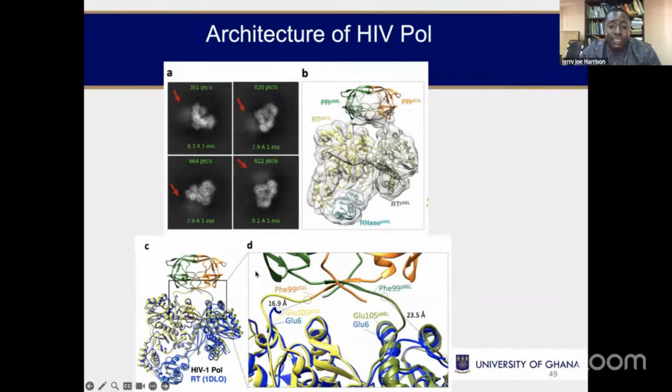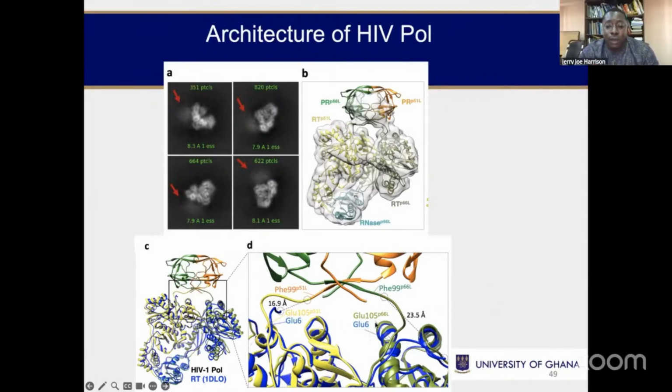There's a new interface that has been created. By joining the protease and the RT together, you create a new interface here. You can see how the P51-like domain now goes to join the solid P66-like protease and then the corresponding P51-like.